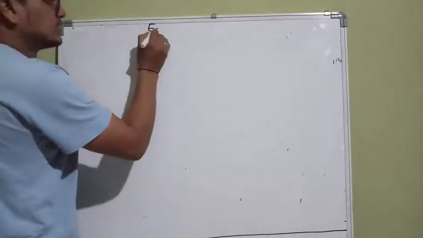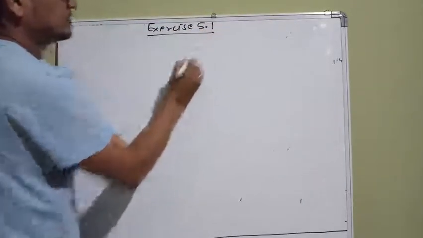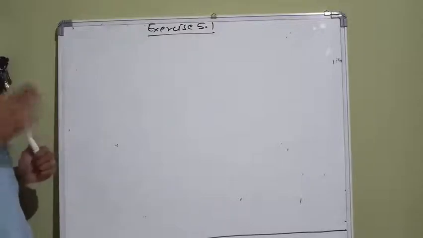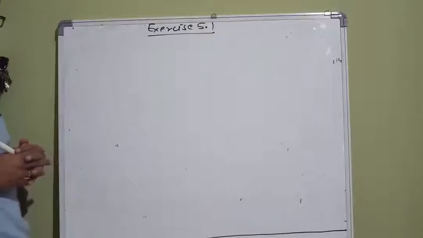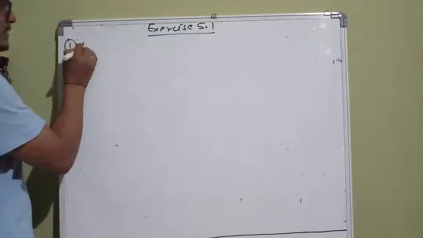This is exercise 5.1. In this exercise I am not going to solve all the questions. I will solve some selected questions, which are the same type, and the rest you have to solve as homework.